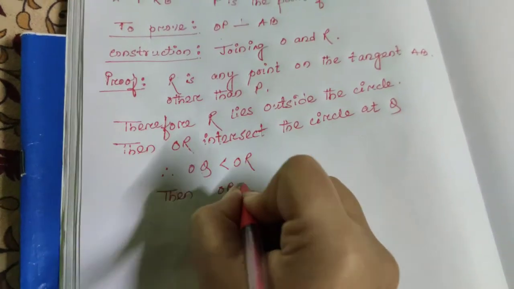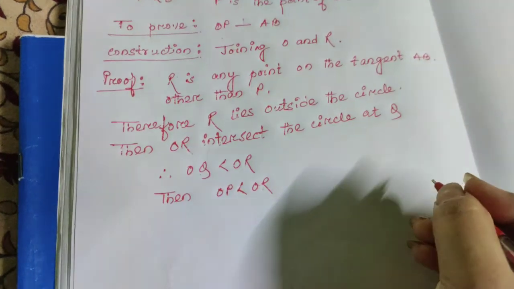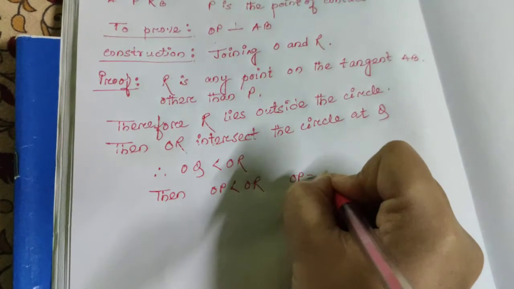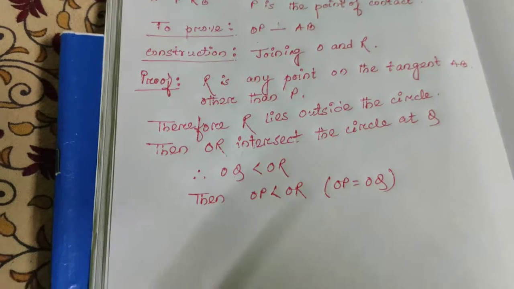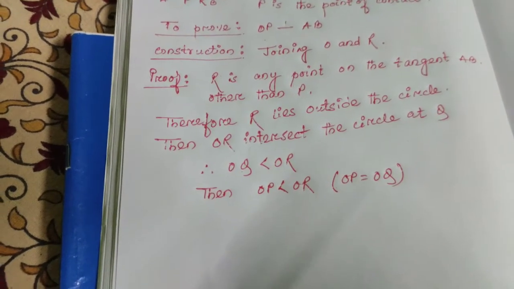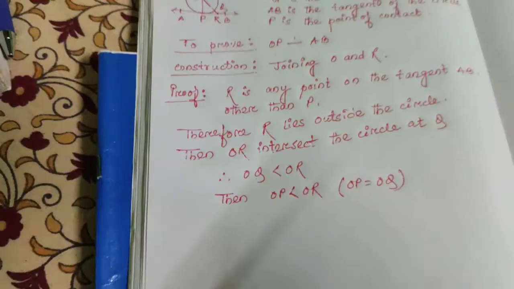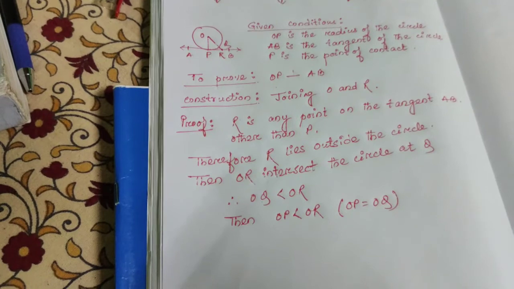Therefore OP is also less than OR, because OP is equal to OQ, radii of the same circle. As OP equals OQ, we can replace OQ by OP. That is, OP is also less than OR.